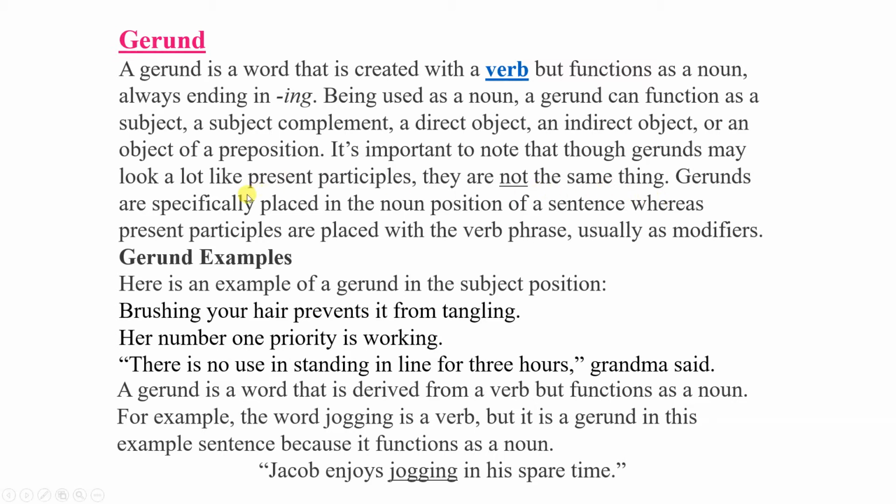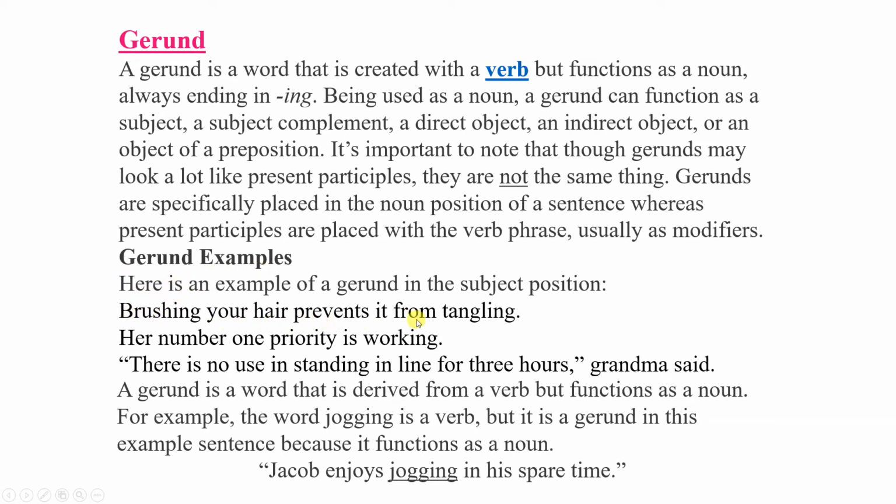In present participle, the verb is working as a verb only, but in gerund the verb is working as a noun. That is the basic difference. Gerunds are specifically placed in the noun position of the sentence, whereas present participles are placed with the verb phrase, usually as a modifier.